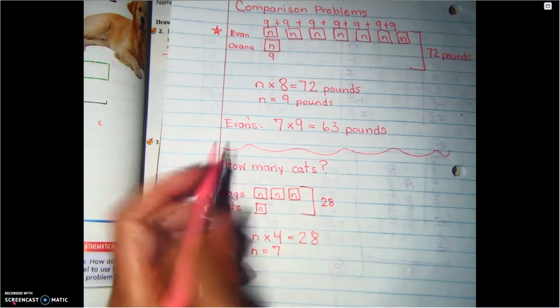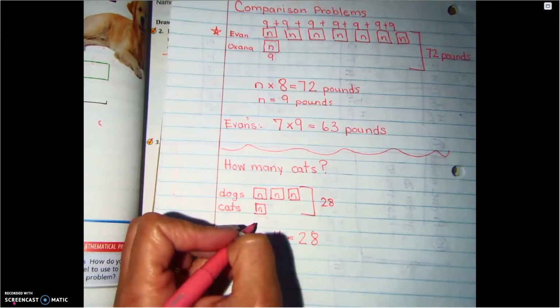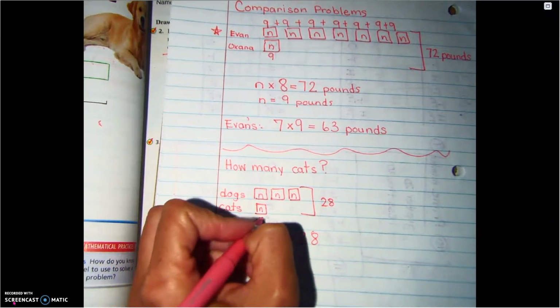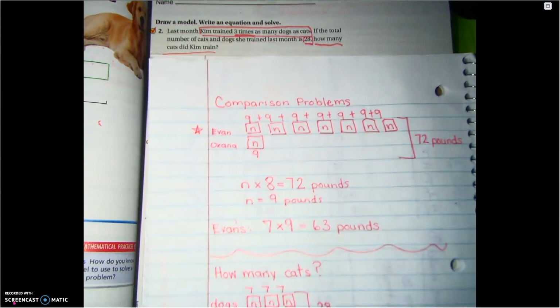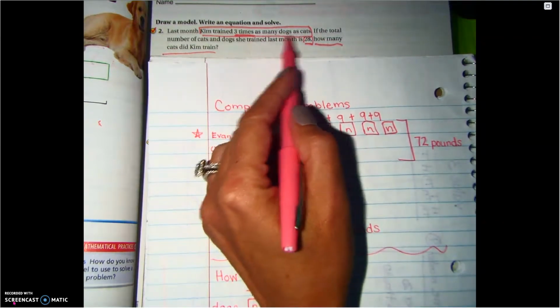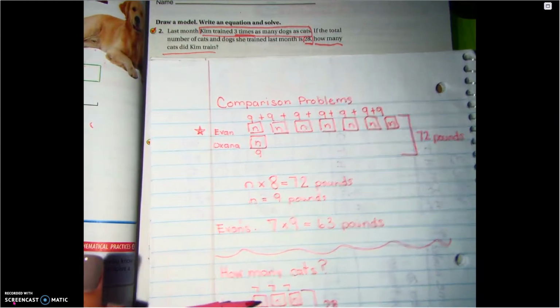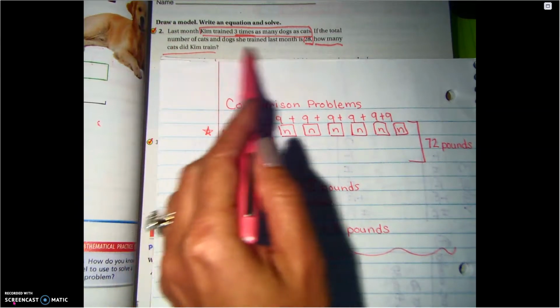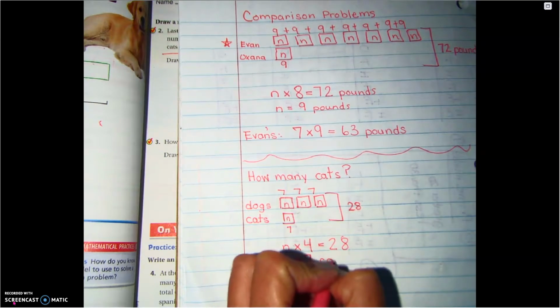So that means I have to put my N back in here. That's not how many cats. Oh, that is what it's asking, huh? So we have 7. Let's go back and make sure. She did 3 times as many dogs as cats. So we've got 3 times as many. We did that right. The total number is 28. How many cats? That's right. So this one is cats, so we don't even have to do any multiplying. She trained 7 cats.